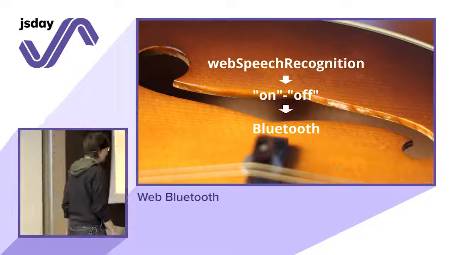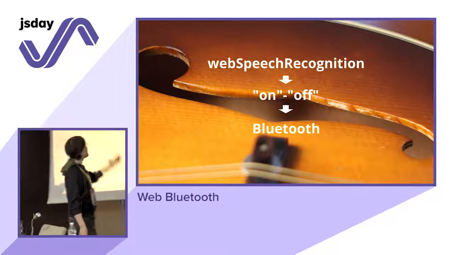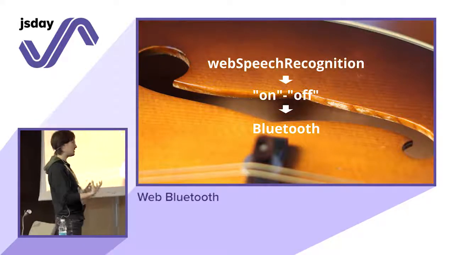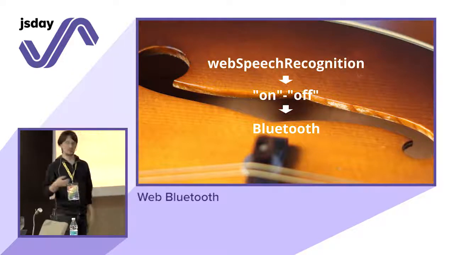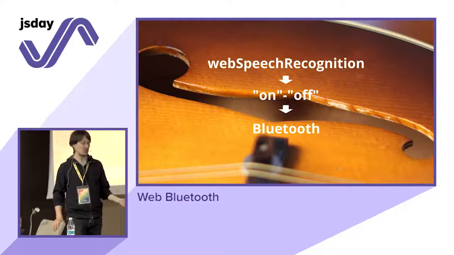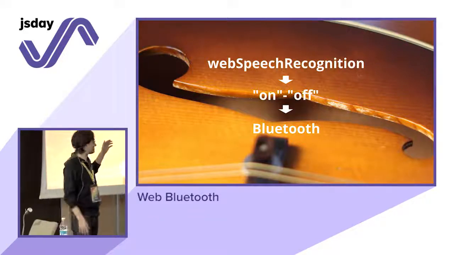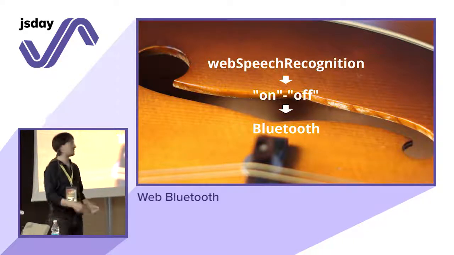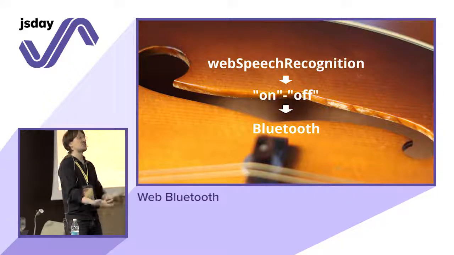So how this thing is supposed to work, this is easier from a technical perspective. We have the Web Speech Recognition API. What it does is start listening. It's also amazing because it starts listening to your voice without asking for any permission, which is weird. They can send you chunks of text as soon as they recognize them.